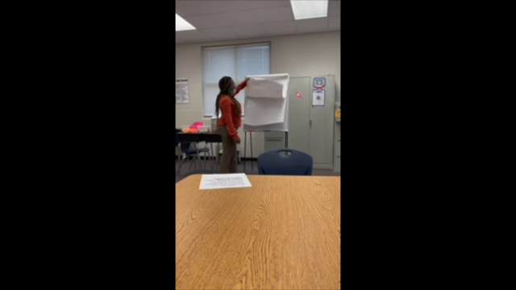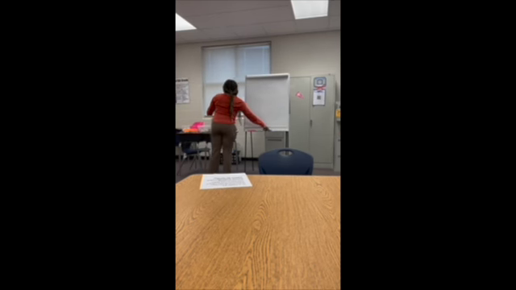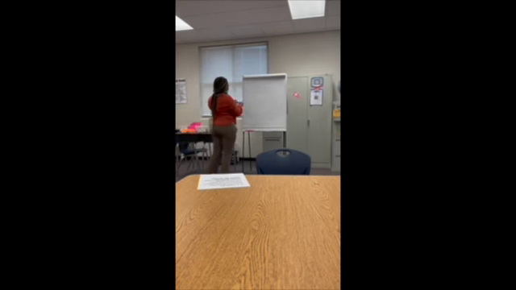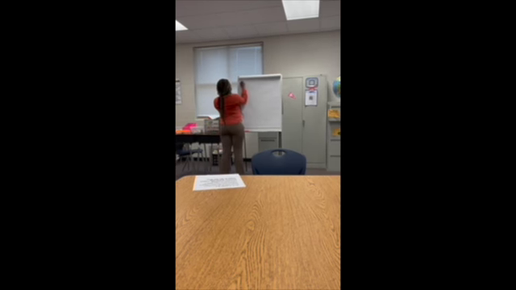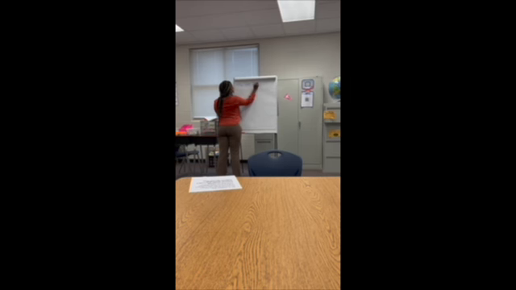So before you get started, I'm gonna start on a little vocabulary, okay? So I want you to copy this down in your notebook. The first thing we're gonna start with is 1956 state flag, okay?